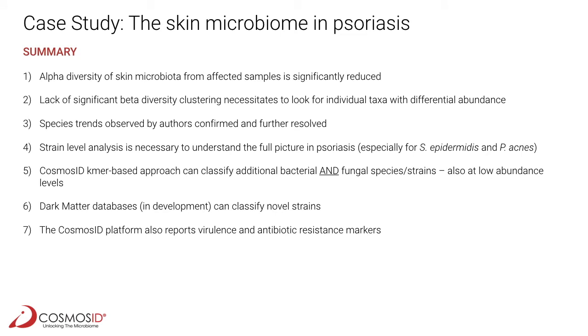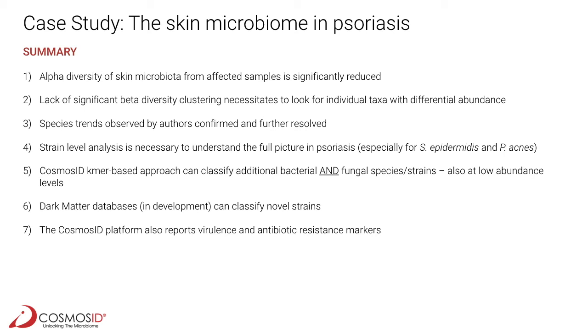So in summary, alpha diversity of skin microbiota from affected samples is significantly reduced, which both the authors and us were able to show. A lack of significant beta diversity clustering, however, necessitates looking for individual taxa with differential abundances at better resolution. The species trends that were observed by the authors were also confirmed here, and we were able to further resolve them to strain level.